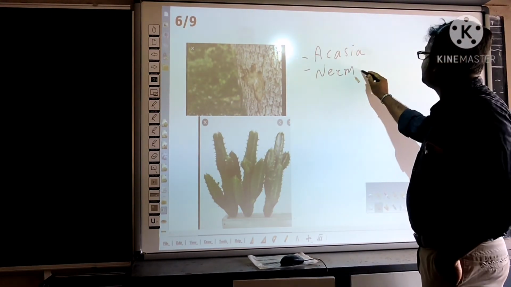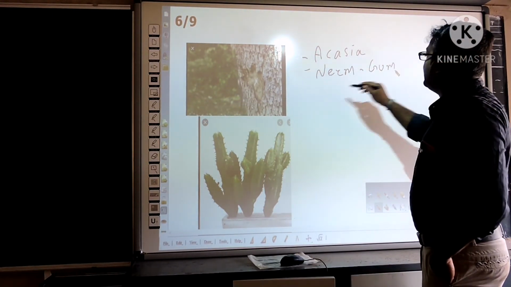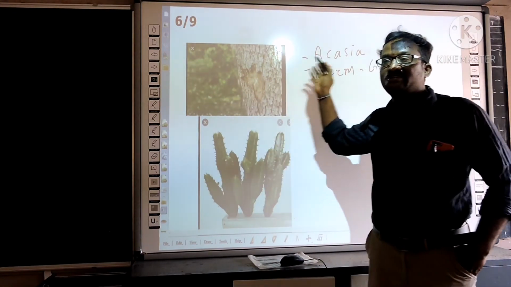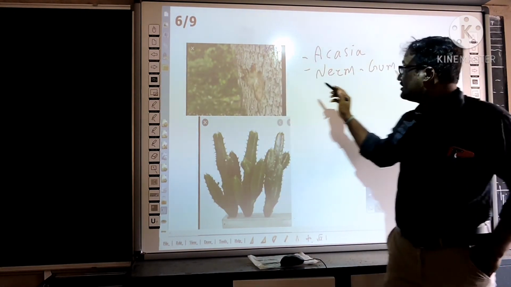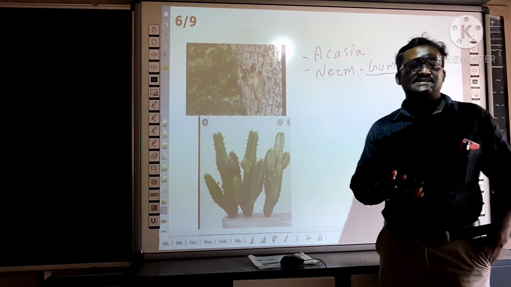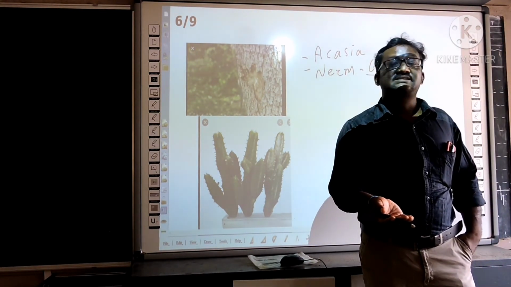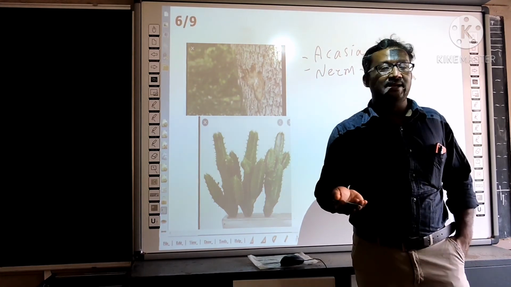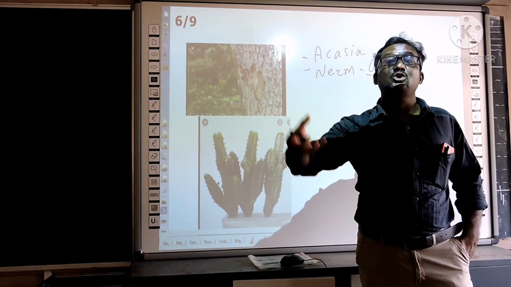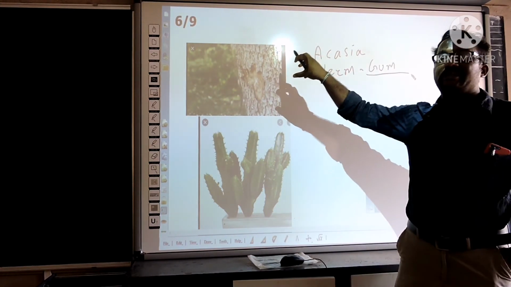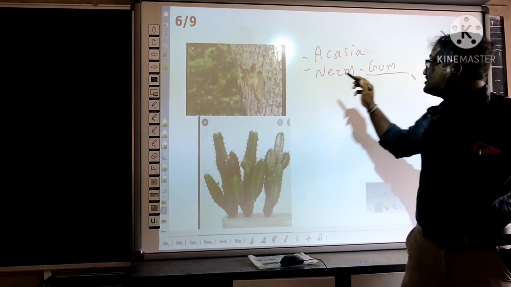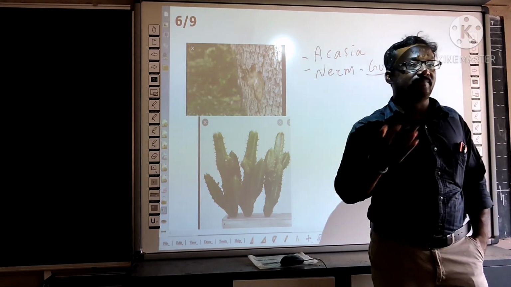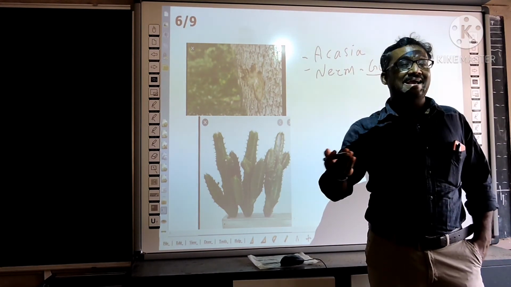Gum. Neem means vepa, acacia, tumma. When you scratch the bark, gum comes. What is gum? It's a waste material produced in the plant, and the plant accumulates that in the dermal tissue. We use this gum for various economical purposes like medicines and as adhesive also.